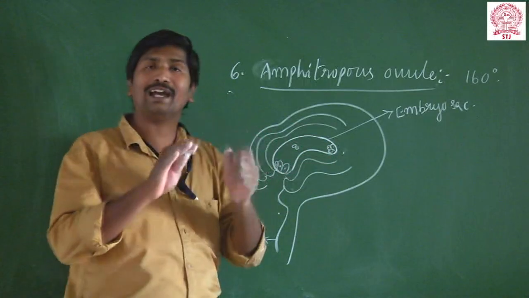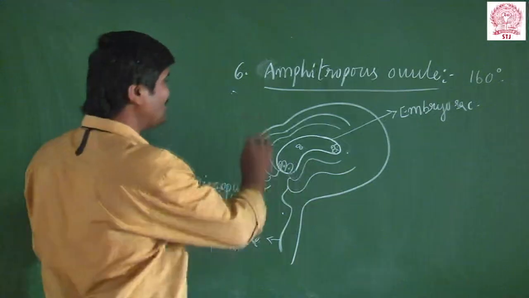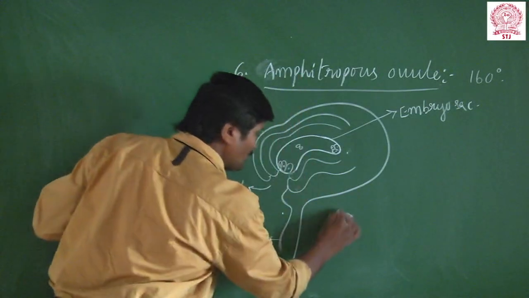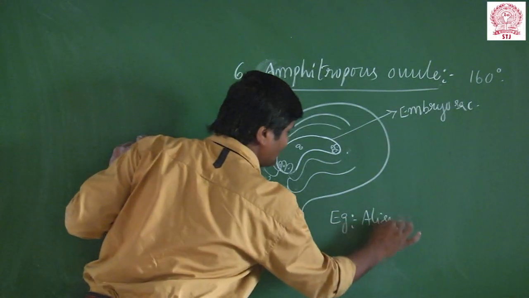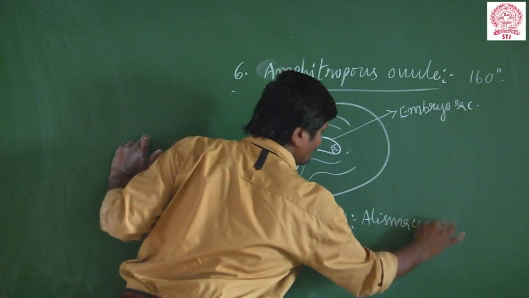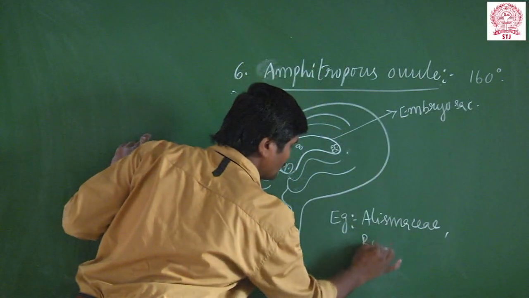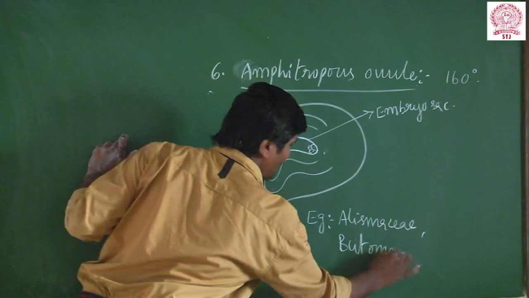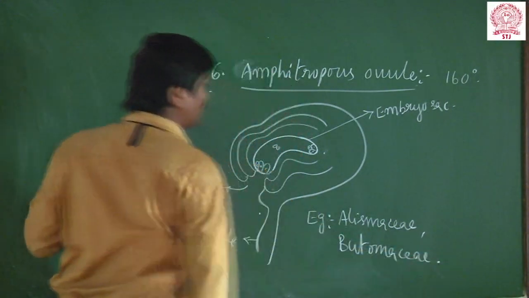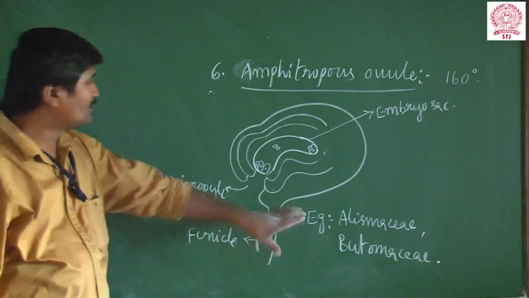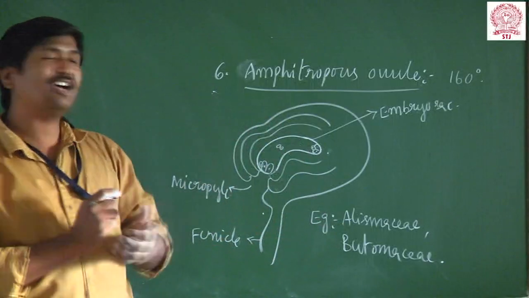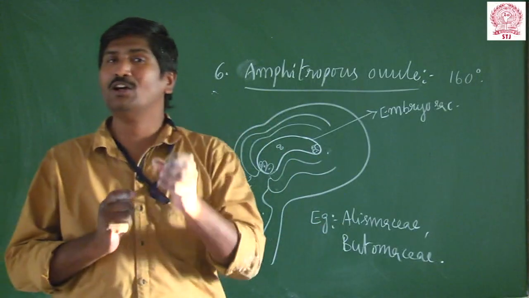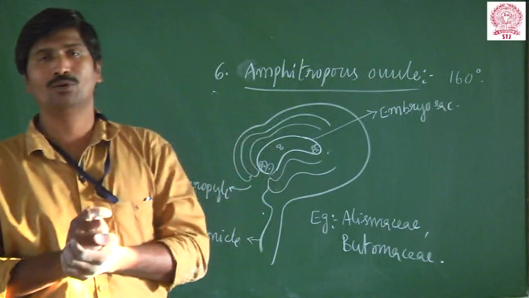This curve looks like a horseshoe shape. The best examples for this amphitropous ovule: Alismataceae family and Butomaceae family. These two are the best examples for amphitropous ovule. It is the last type of ovule based on the position of the ovule. Okay, right.